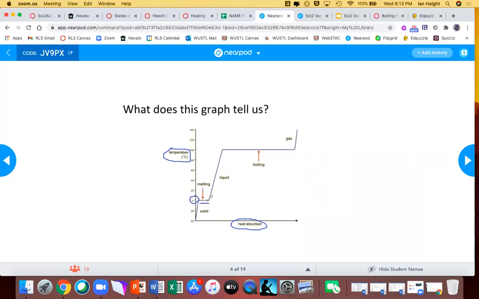That's because the energy is still being supplied, right? We're still heating it. But what that energy is now doing is converting all of the solid particles into liquid form. So that's why you have that pause point. That's where the energy goes. So rather than increasing the temperature, it's changing the state. Once it's all liquid, once there's no more solid left, then it can warm up again, right?